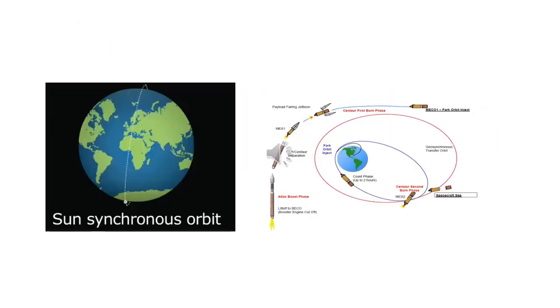These two images are of a sun synchronous orbit and a geostationary orbit. A sun synchronous orbit, as I said, is from pole to pole, wherein the satellite moves from one pole to the other, and at a particular mean solar time, it is at the same place throughout its working duration. In the geostationary orbit, the satellite is at a distance of around 36 to 38,000 kilometers, and it takes around 24 hours to revolve.